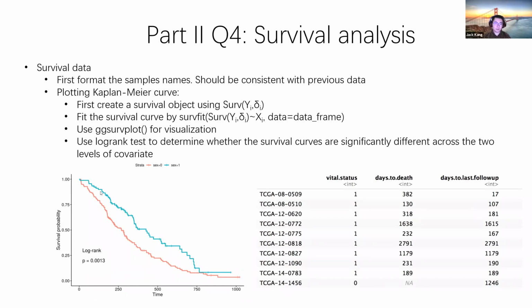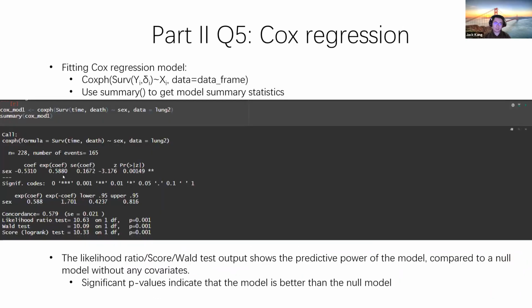Specifically, AIC is calculated as -2 log training likelihood plus 2 times K, where K is the number of predictors you use. As you can see, the more predictors you use in the model, the heavier penalty you will get.